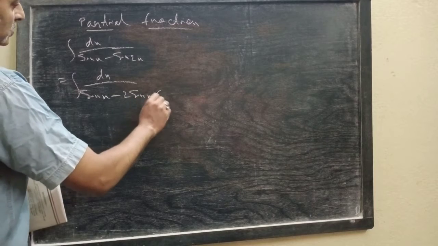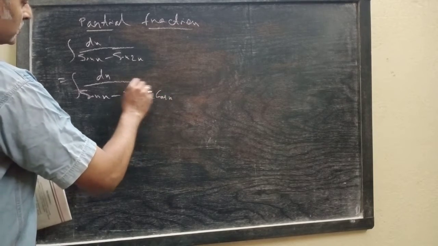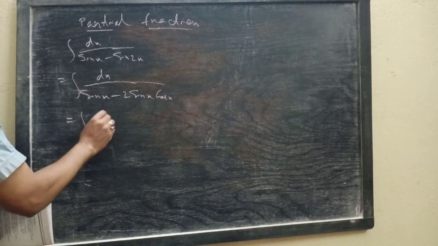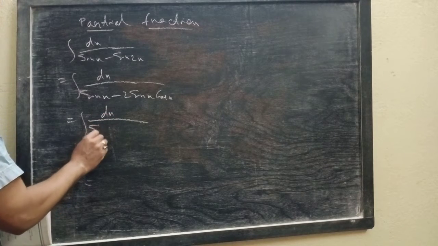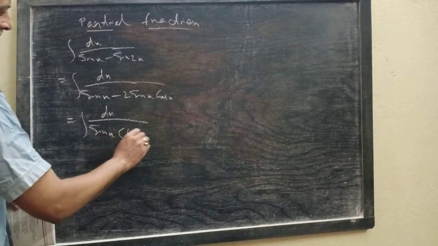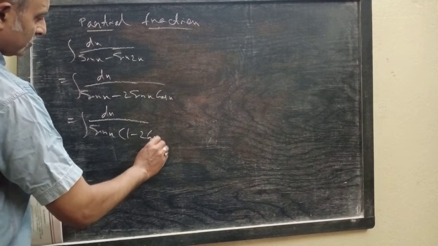Sin 2x is 2 sin x cos x. Then dx by sin x into 1 minus 2 cos x.